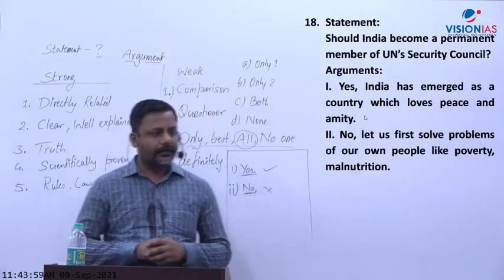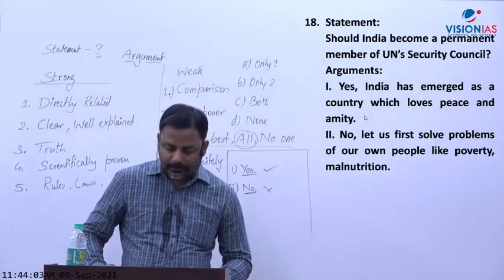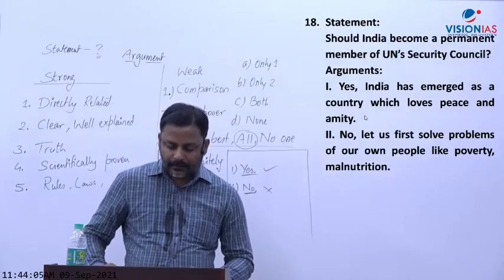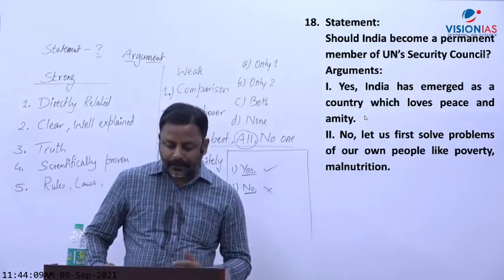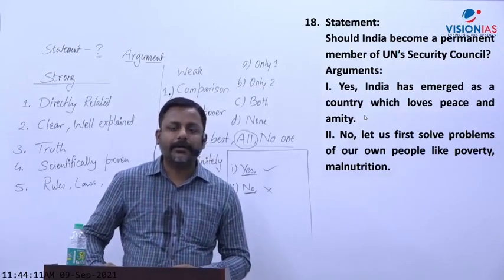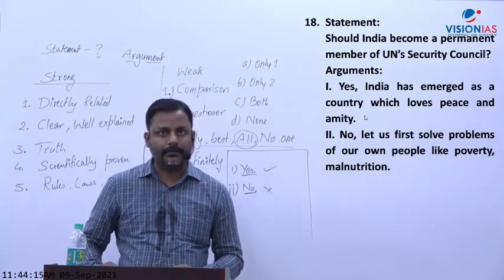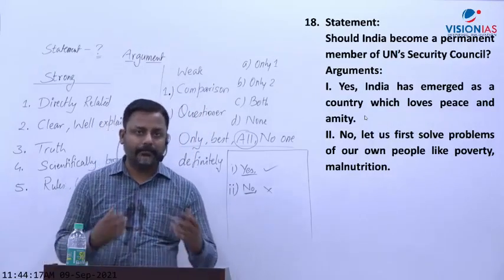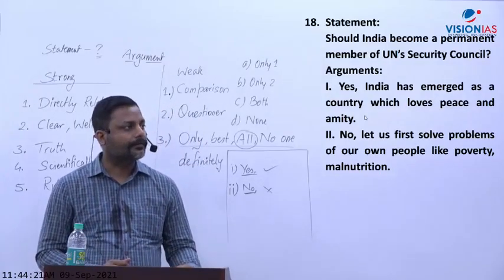See, Nidhi, what I believe is that emerging by loving peace and amity is not a criterion for getting a permanent seat at UN Council. There should be some more other facts also along with this.